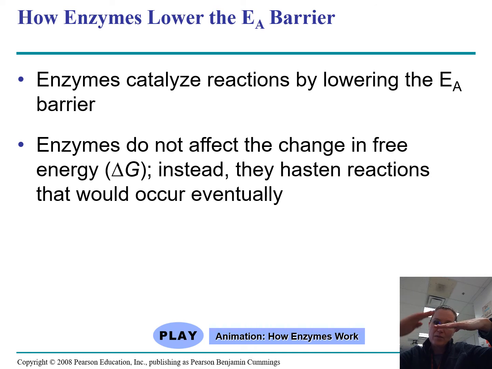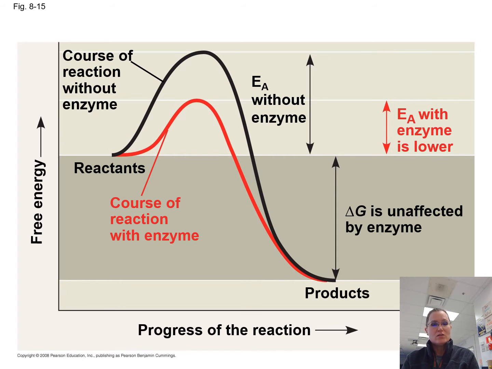But with an enzyme, we might just have to go like that and go down. The difference between where we started and where we ended does not change. Just that hump we have to get over is decreased when we use an enzyme. This graphic shows the starting and the ending are the same, so the delta G is not affected. Please remember that. But the activation energy is decreased with enzymes.